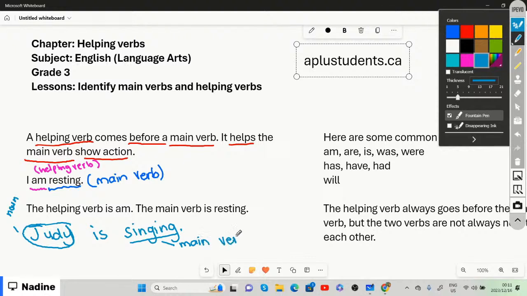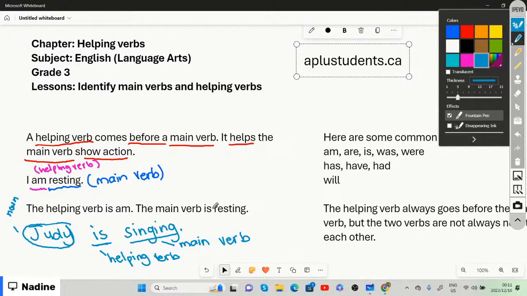But our helping verb that comes before the main verb is is. So, for example, Judy is singing.